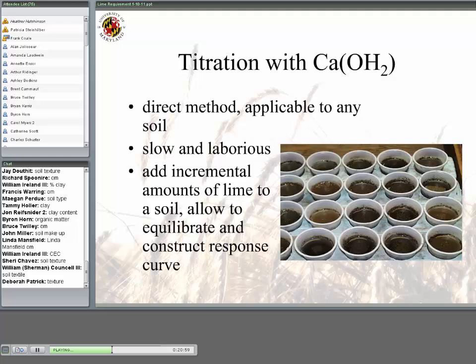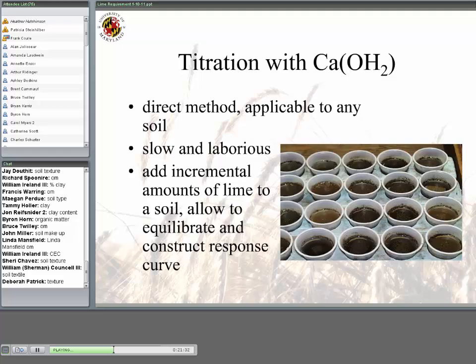Essentially, you add various aliquots of lime to a soil water suspension, let it equilibrate, and measure the pH at each aliquot of lime, and essentially construct a lime response curve like that one we just read off of. So if you look at this little picture here and go up to the top row, that top row of little cups represents, from left to right now, no lime, 1 ton of lime per acre, 2 tons of lime per acre, 3 tons of lime per acre, and 4 tons of lime per acre.